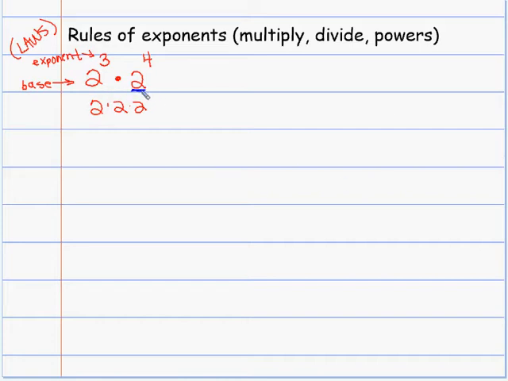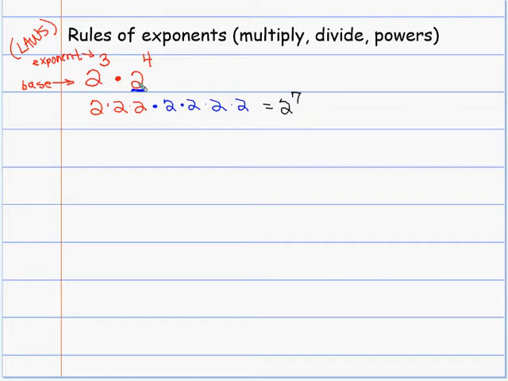And then what if I use this one? So it's still times, and then I need 4 2's over here. So how many 2's do I have all together? 1, 2, 3, 4, 5, 6, 7. So I can write that in exponential form, 2 to the 7th.